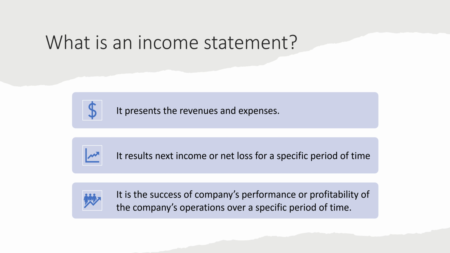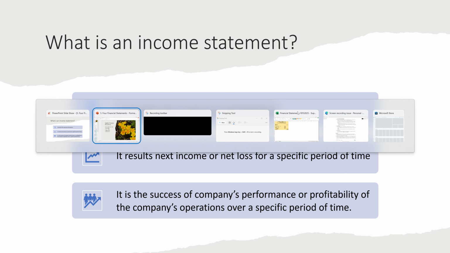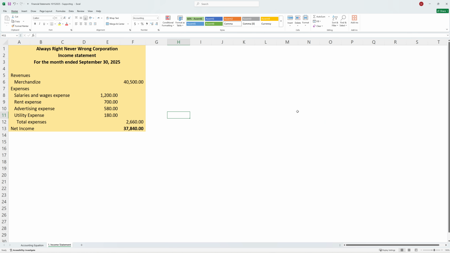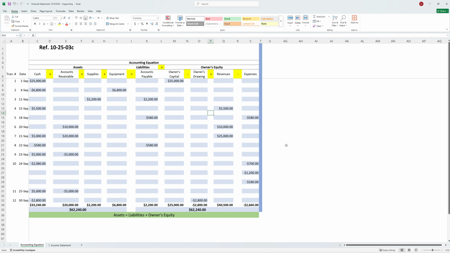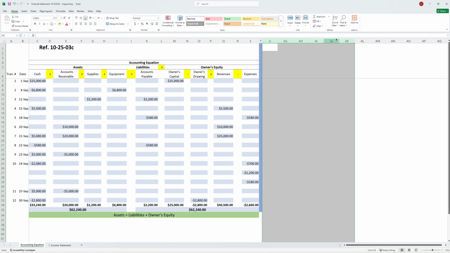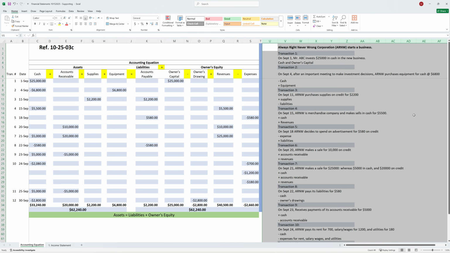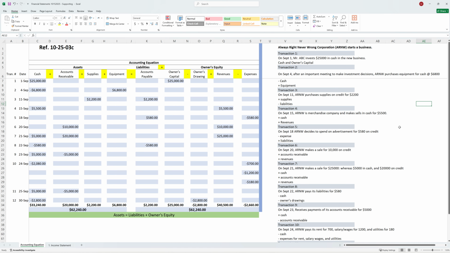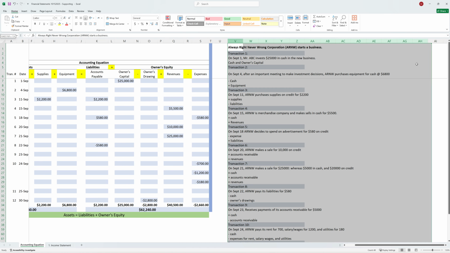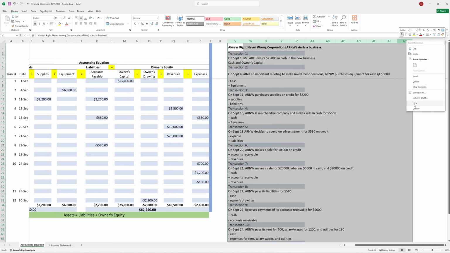To understand what we are talking about here, I would like to invite you to the accounting equation example that we did previously. If you remember, we worked on this one, and it was the result of a case study. I have hidden the case study here, just for those who have not watched the previous video, so that it doesn't catch your eyes.